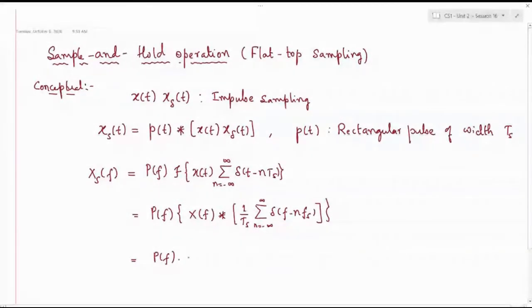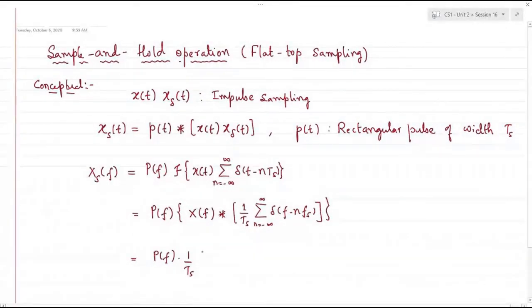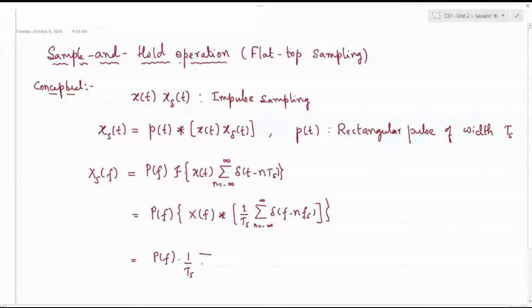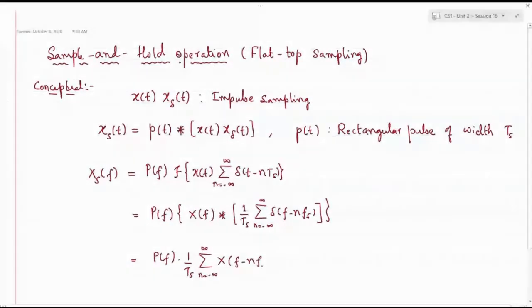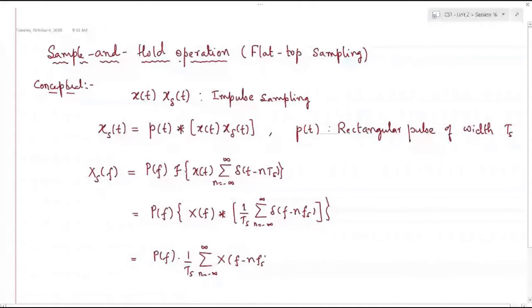I can take the 1 over Ts outside, and this is simply the summation over n from minus infinity to infinity of X of f minus nfs. So it is very similar to the previous ideal sampling case, but here the amplitude is multiplied with the rectangular pulse of width Ts, represented as P of f.